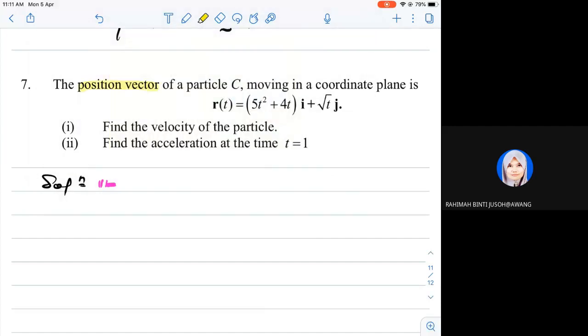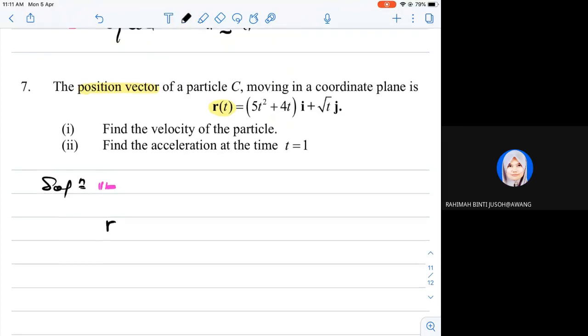Dia kata position vector and then dia bagi R. Okay. So R T equals to, dia bagi 5T squared plus 4T. Dia ada I dengan J je. K tak ada ni. K equals to 0. And then square root T macam ni. Alright.